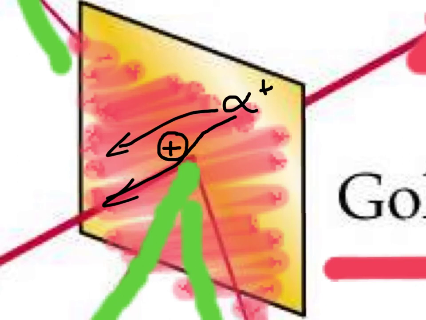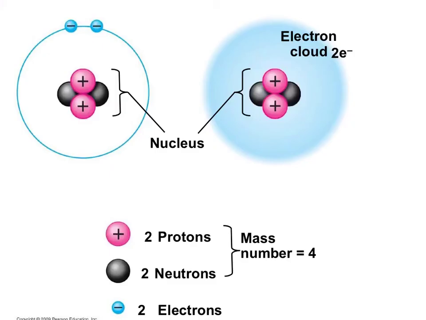But every so often, that alpha particle would strike something that was larger than it was, and also had to be positively charged, because what would happen when the alpha particle approached it? They would repel and it would go zooming off in another direction. So in this way, Ernest Rutherford gave the first suggestion of the nucleus at the center of an atom that contained positive charges, such as protons.